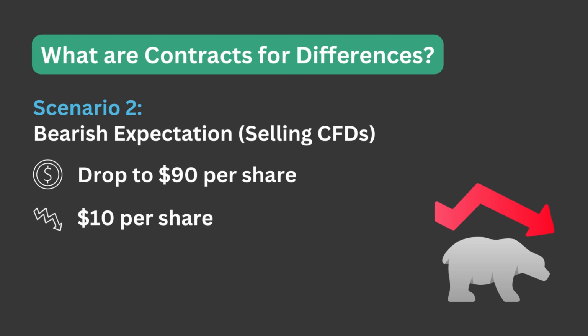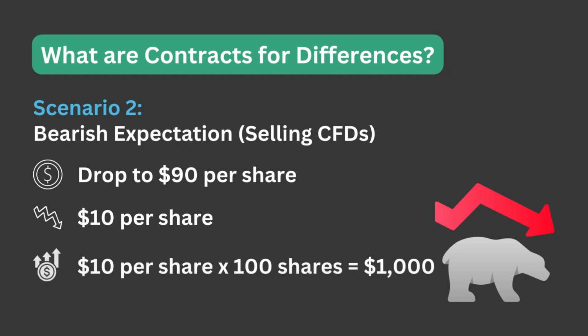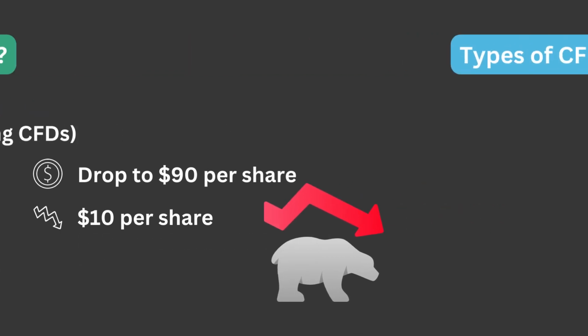The CFD price would also decrease by $10 per share. As a result, your profit would be $10 per share multiplied by 100 shares equals $1,000. In this scenario, even though the price of company XYZ declined, you were able to profit from the trade by selling the CFDs at a higher price and then buying them back at a lower price.